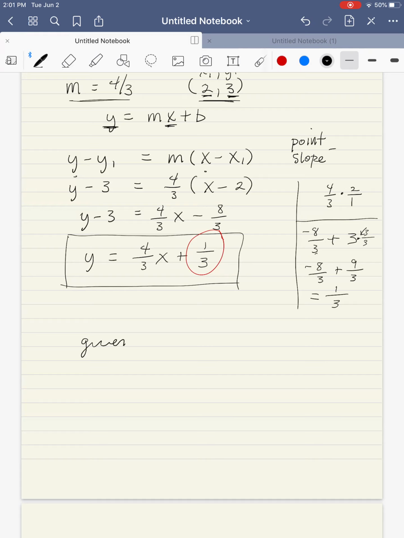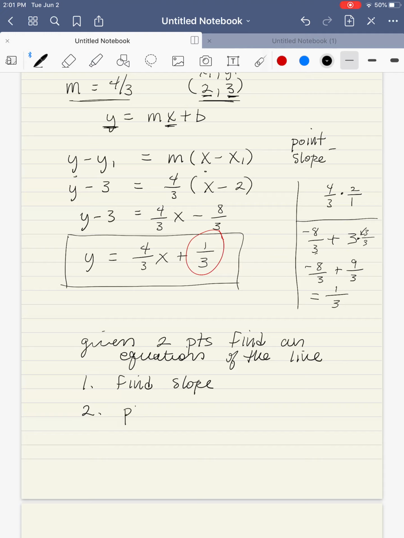So just to review what we did here. Given 2 points, find an equation of the line. What we did was we found the slope, we plugged slope and 1 point, and you can use either point, into the slope-intercept form.